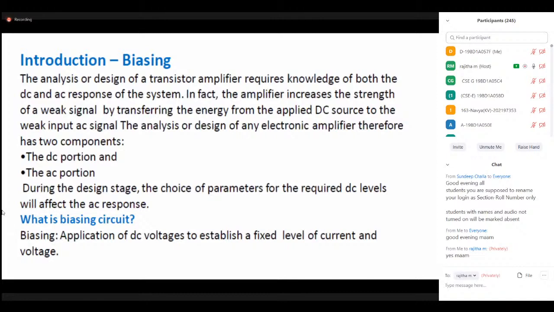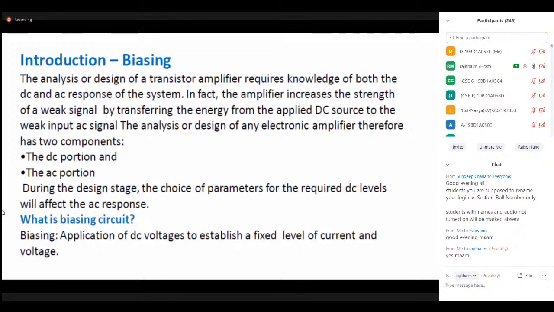These quiescent values are due only to the application of the DC signal, and we apply the DC signals to operate the transistor under the active region, as well as to obtain a distortionless output at the collector terminal.